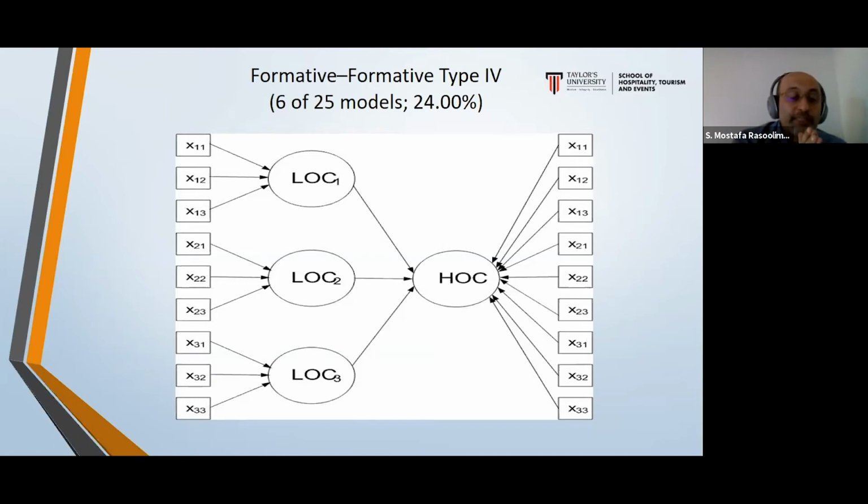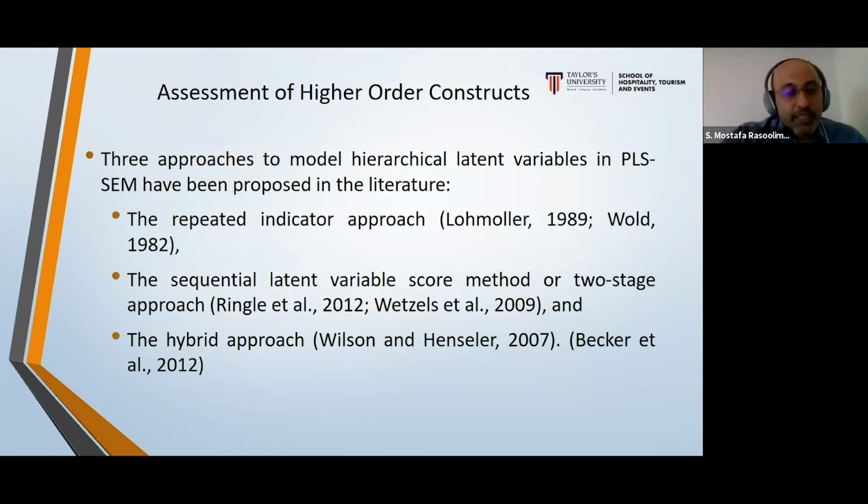How we should identify, again, is based on literature and based on the nature of dimensions and the higher order construct or variable, right? Okay, so these are the 4 main types of higher order construct.